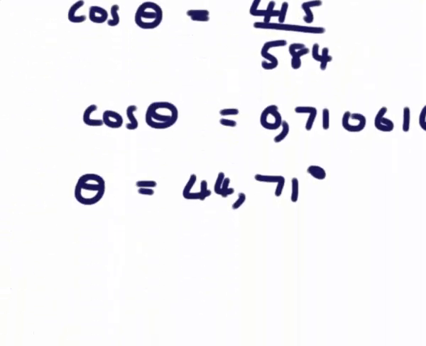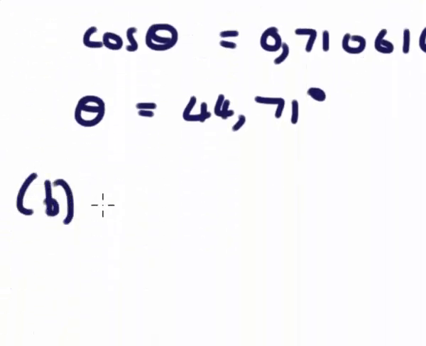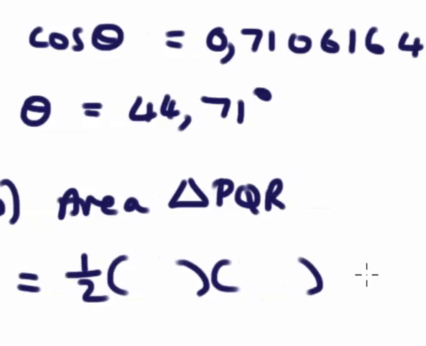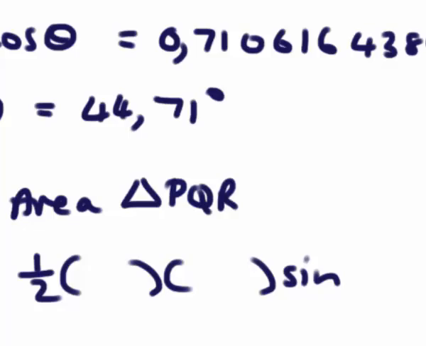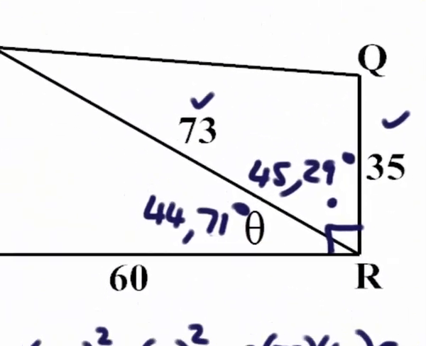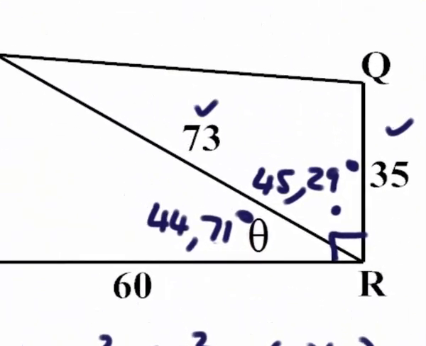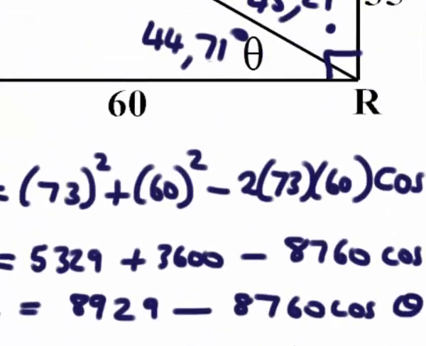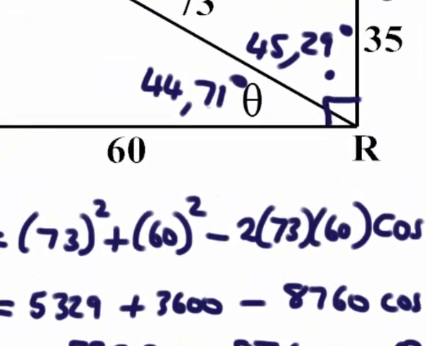Now how does the area rule work? Okay, let's do part B. The area of triangle PQR is going to be a half, multiply the 2 sides and then sine the included angle. So what are the 2 sides there? 73 and 35. So let's fill them in there. And what is the angle? It's 45.29.